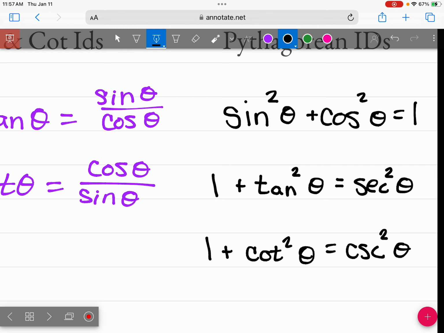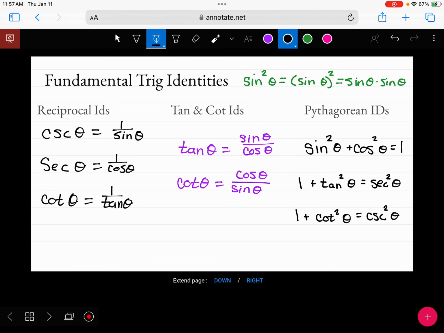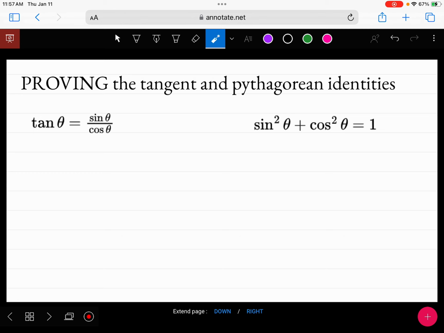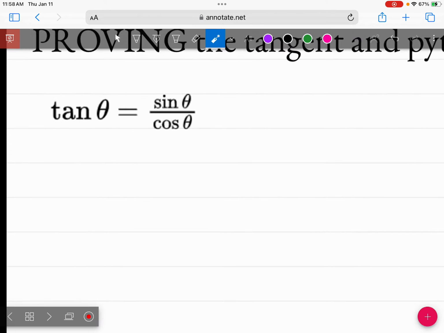We are going to work through and prove the Pythagorean identities today. We're going to start with this one, and that'll push us into these over here. But first, we'll prove that tangent of theta is the same thing as sine over cosine theta. We're going to switch the right-hand side back into the original definitions with opposite, adjacent, and hypotenuse.